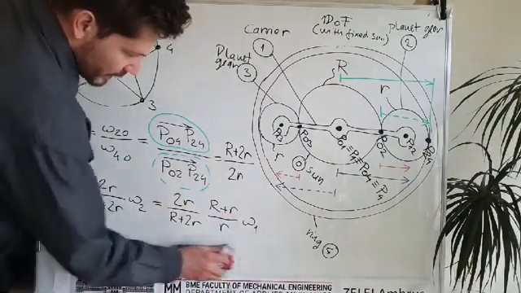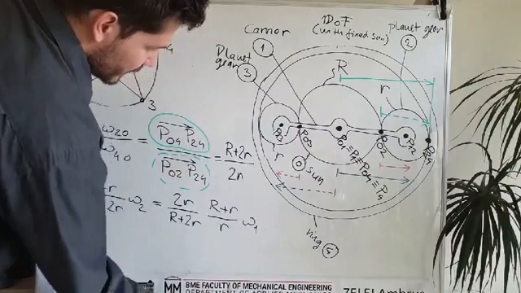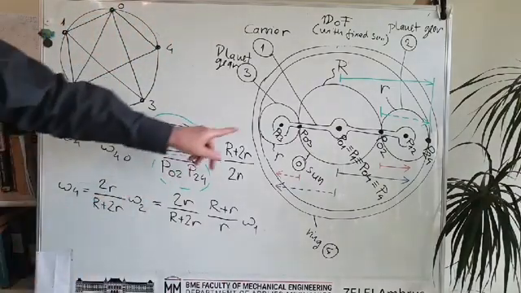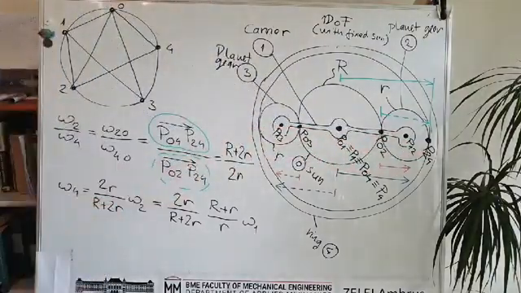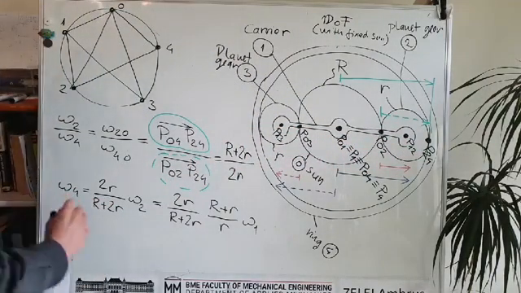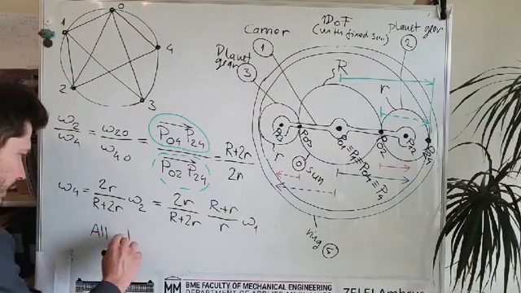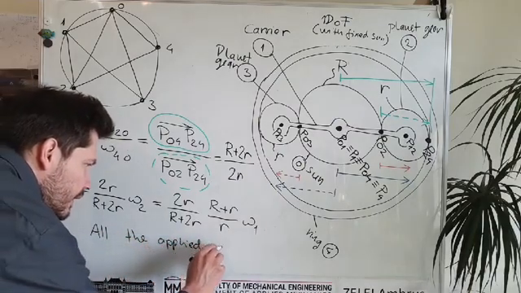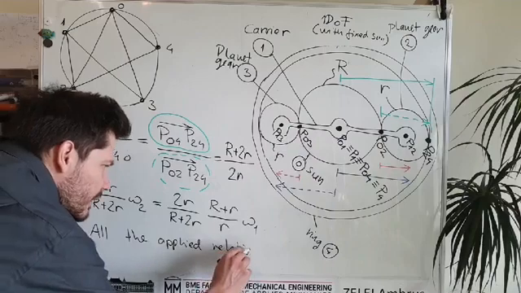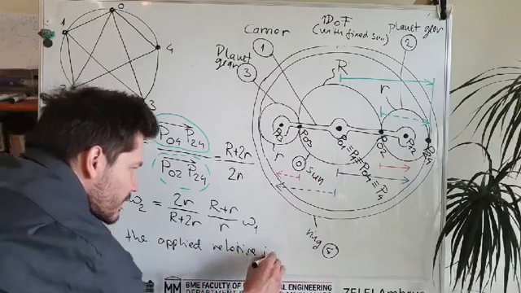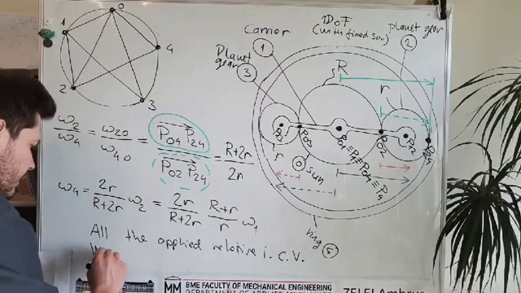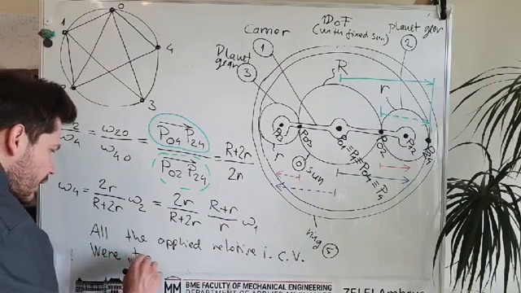Finally, we didn't have to use the Aronhold-Kennedy theorem because all of these relative poles were trivial. All the applied relative instantaneous centers of velocity were so-called trivial.